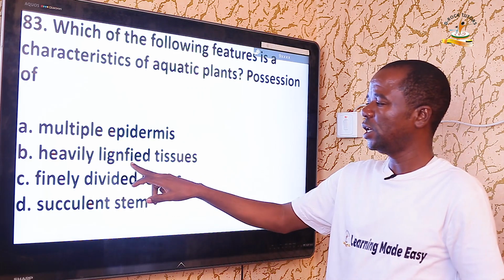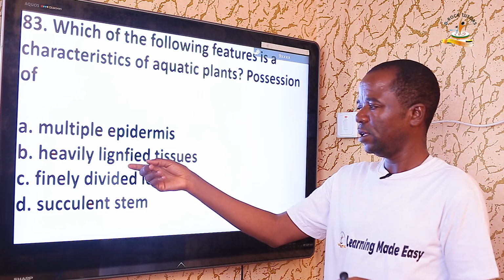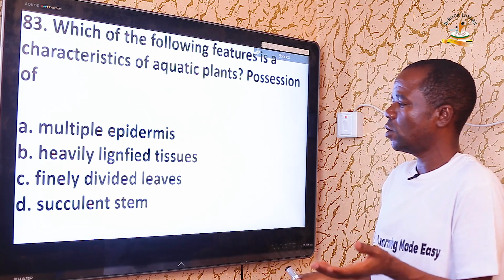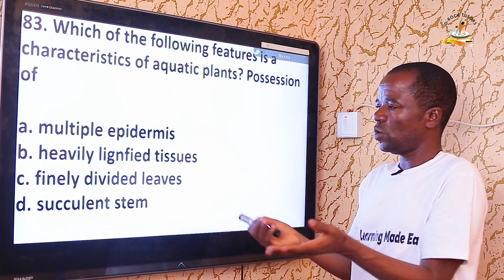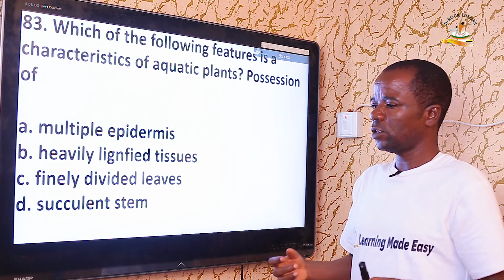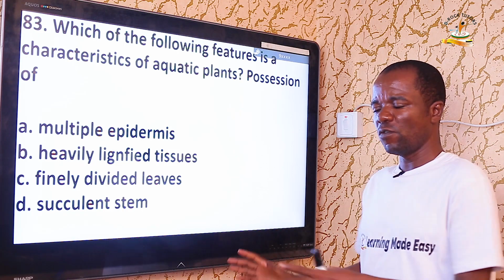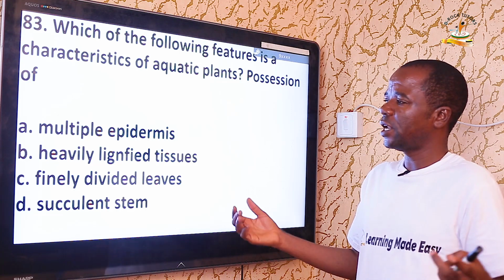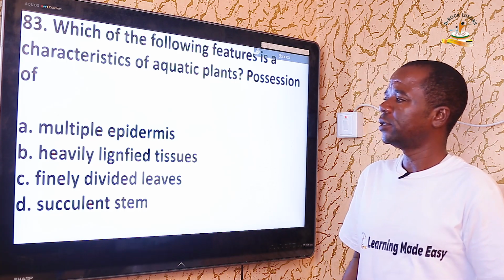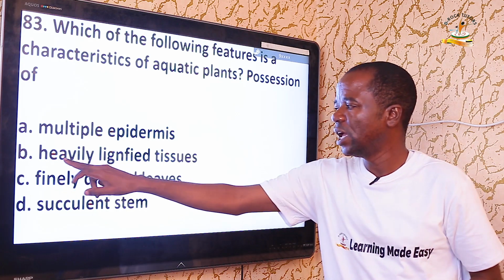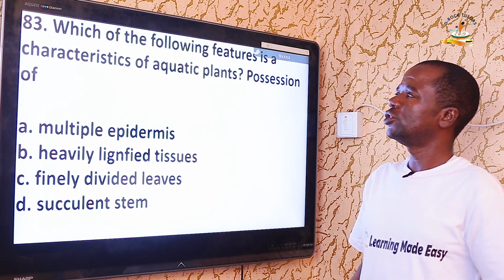But when they are heavily lignified, because of this lignin, at least there is a particular tissue called lignin, it ensures that they are stronger, and because of that, they are able to withstand any pressure being provided by ocean tide and water current. So the correct answer here is B, heavily lignified tissues.